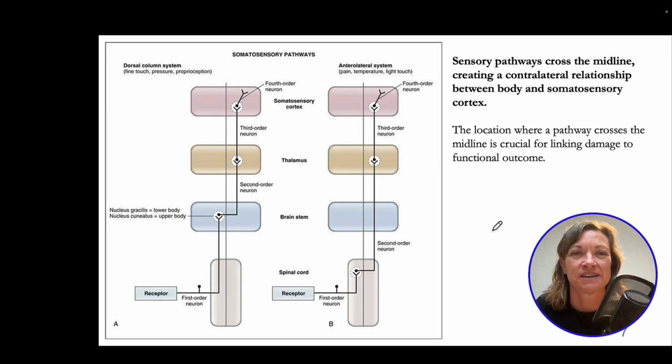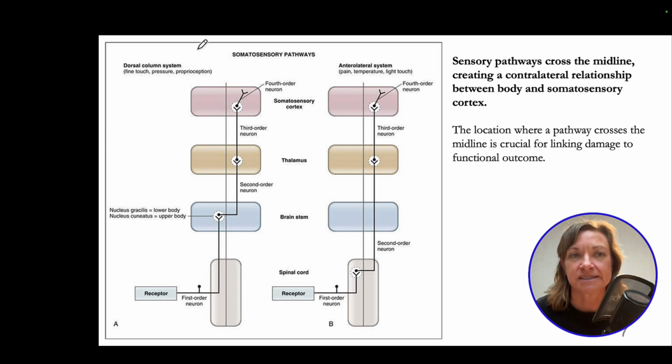So let's start with the somatosensory system. We've already said that sensory pathways cross the midline, creating a contralateral relationship between body and somatosensory cortex. However, what's really important is that the two main somatosensory systems cross the midline in different places, and this has crucial implications for functional outcome.